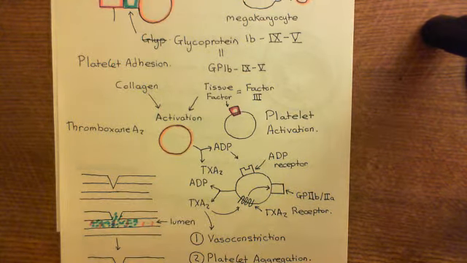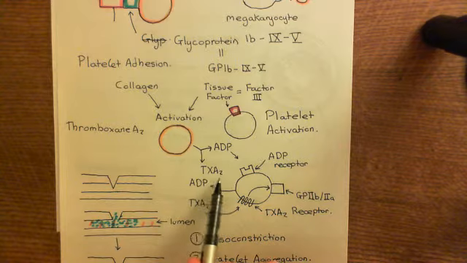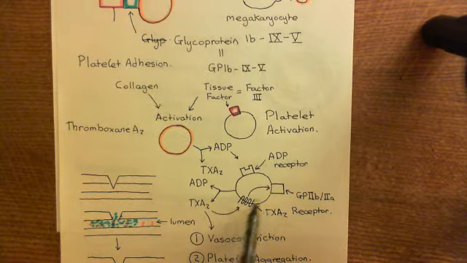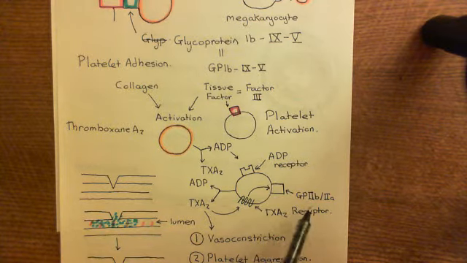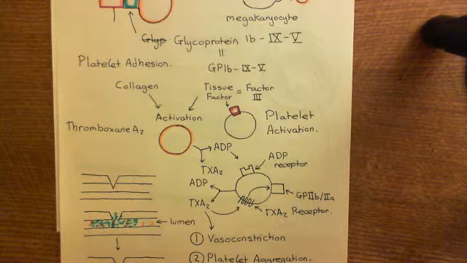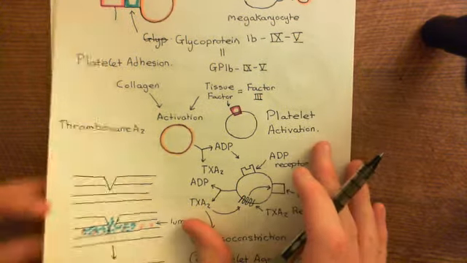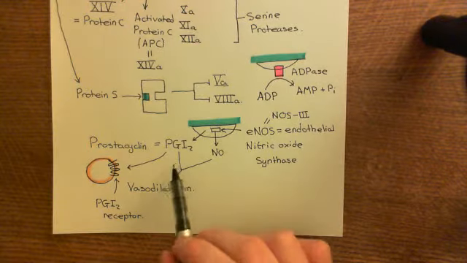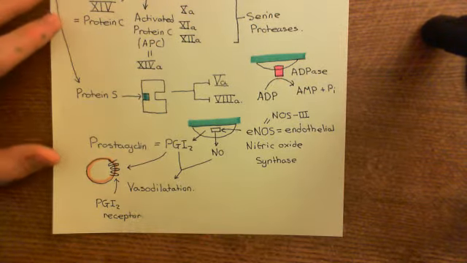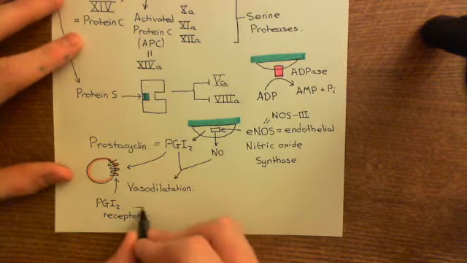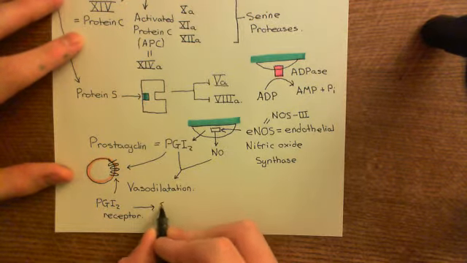So that's going to stop the vasoconstrictive actions of thromboxane A2, and it's also going to stop the thromboxane A2 from being able to activate the GP2B/2A protein on the surface of the platelets, and therefore you're not going to get platelet aggregation. Okay, so that's the role of prostacyclin on platelets. So it stops activation.